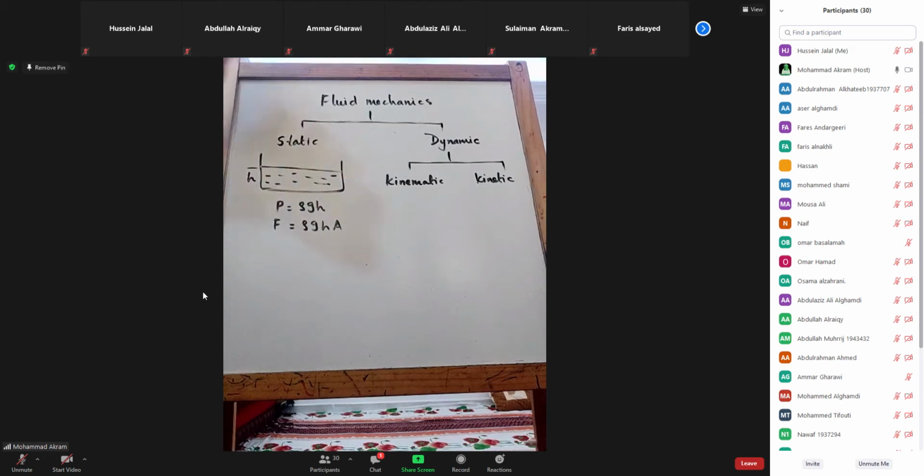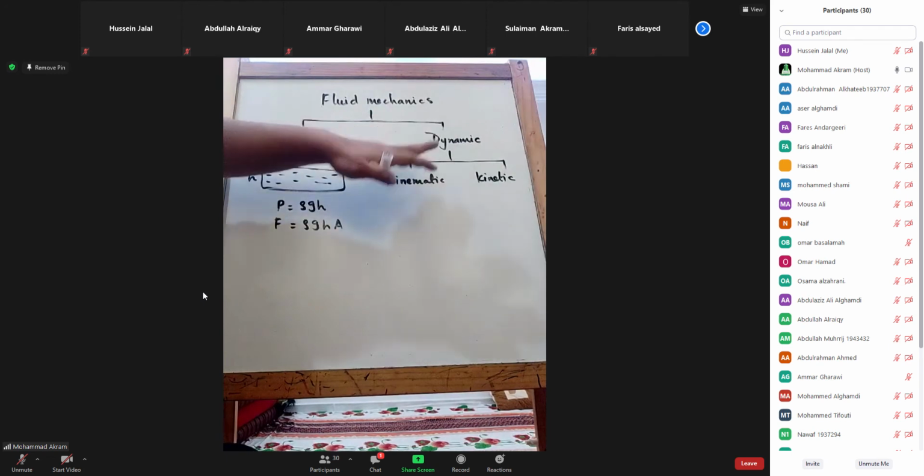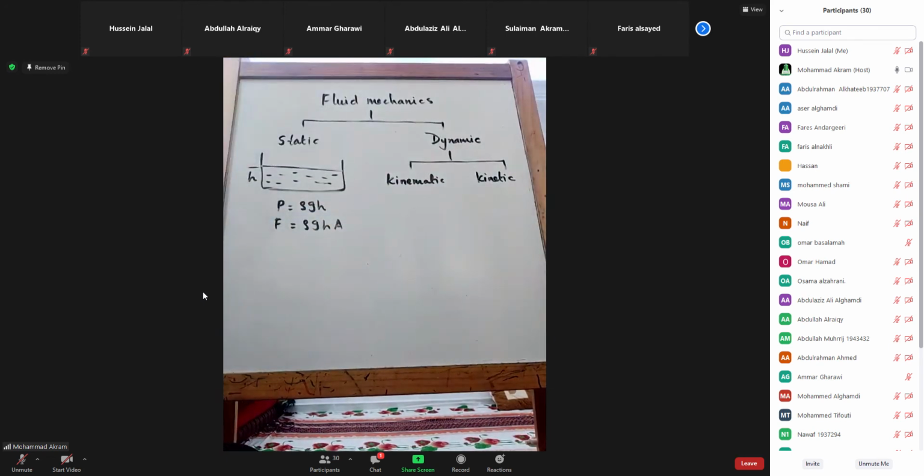See, mechanics can be divided into static and dynamics. Dynamics can be again classified into two branches, kinematics and kinetics.